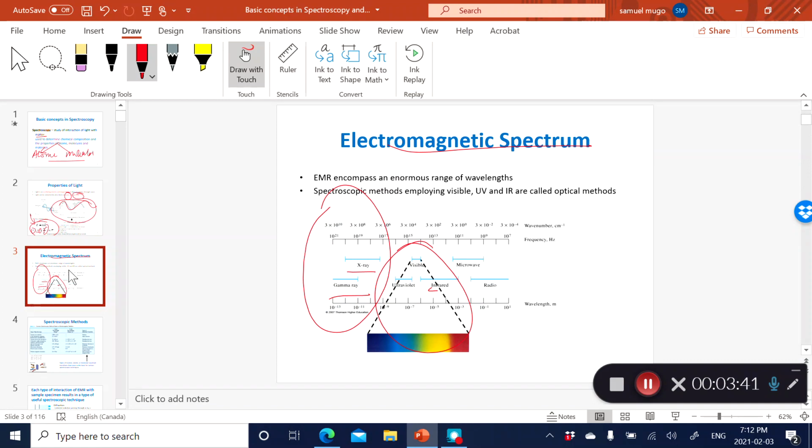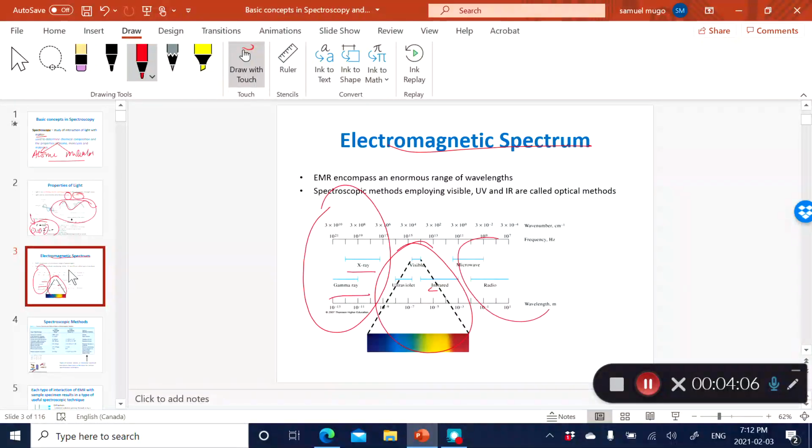They are of moderate energies, and as such, when they impinge on a chemical specimen, the electrons of the molecules or the atoms are going to transition from their ground state to higher energies.